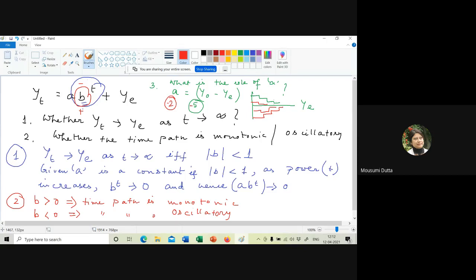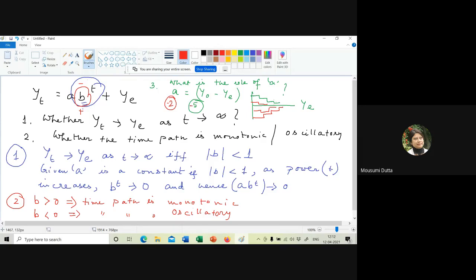So these are the vital roles played by A and B in understanding the complete nature of the time path. A does not determine the shape of the time path. A determines the starting point and naturally the scaling issue. B determines the shape of the time path: monotonic, oscillatory, convergent, divergent, etc.